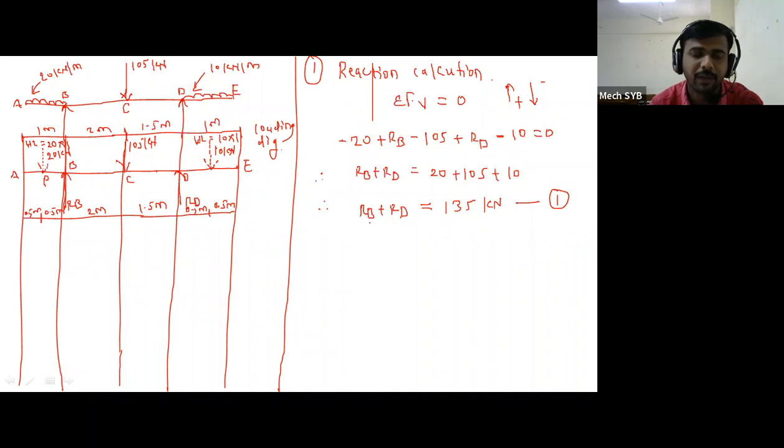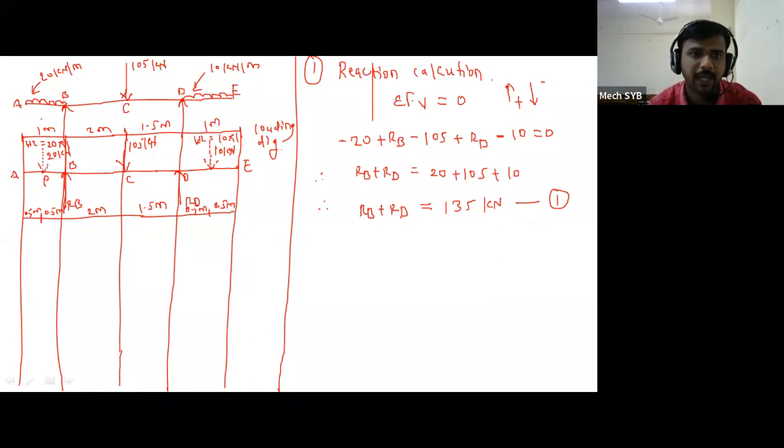Then what is our second requirement? At one reaction point we have to take moment is equal to 0. Now in this figure, one reaction is present at point B, another reaction is present at point D, and I have told you always try to take summation of M is equal to 0 at the left side.